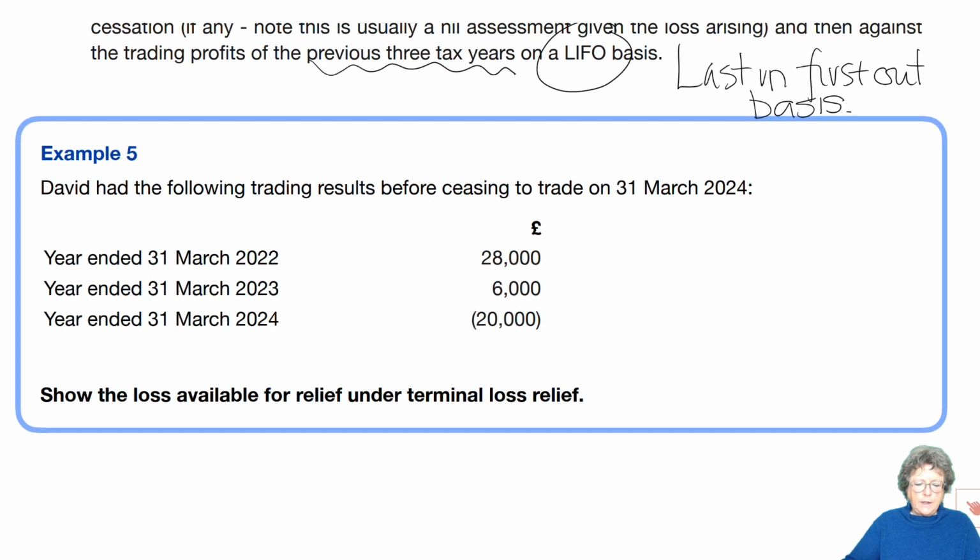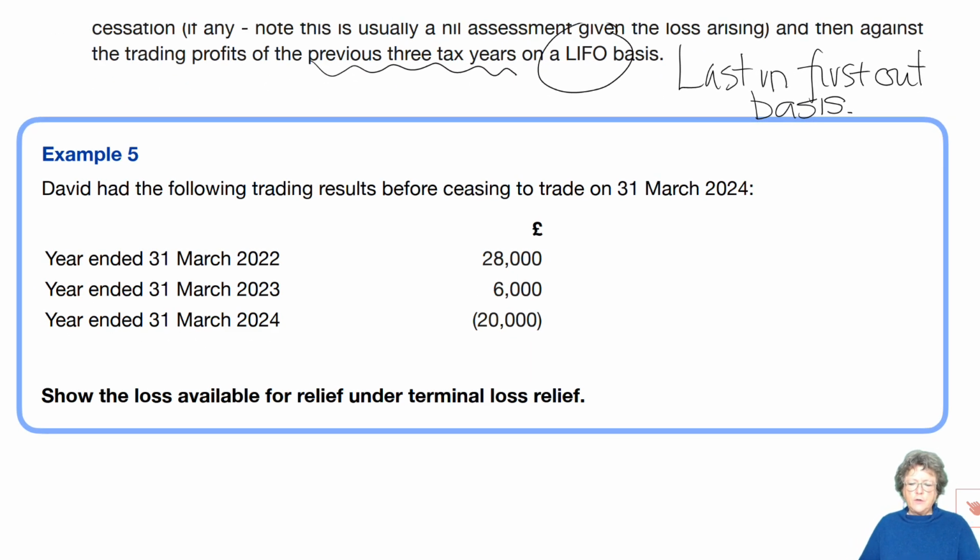So you'll see here we have David, who ceased to trade on the 31st of March 2024, and this is his loss in the final 12 months. So we can have full relief on that, and we can carry it back first to there.